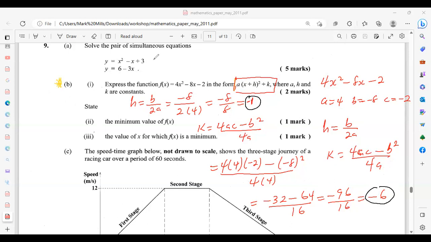So they asked me to write the equation in a formula. So look at it. They say I should write a open bracket x plus h squared plus k. We need 3 things, right?